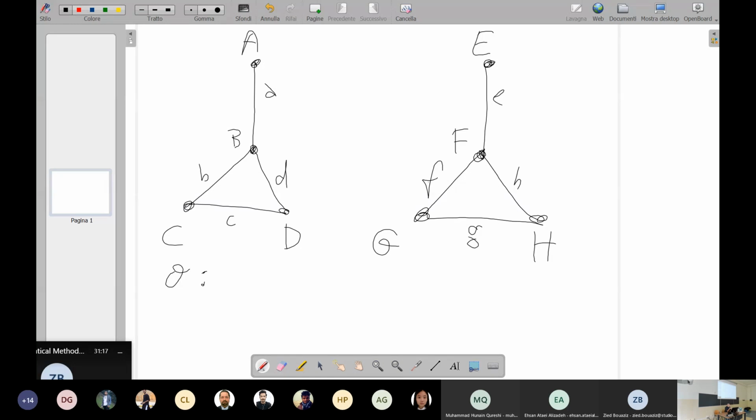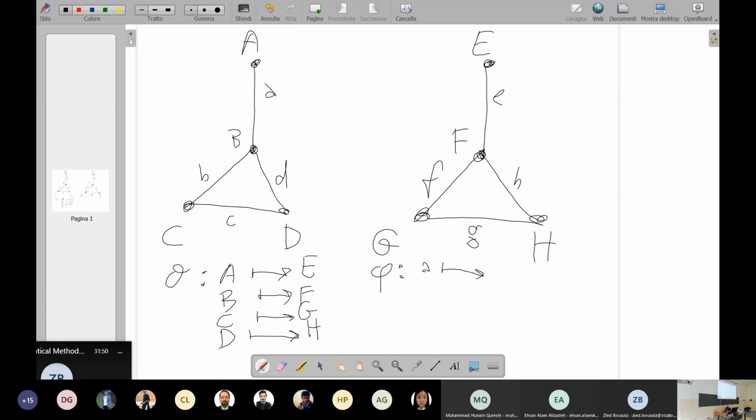The easiest that you can find just by translating is send A to E, B to F, C to G, and D to H. And you also have from edges to edges, sending what?